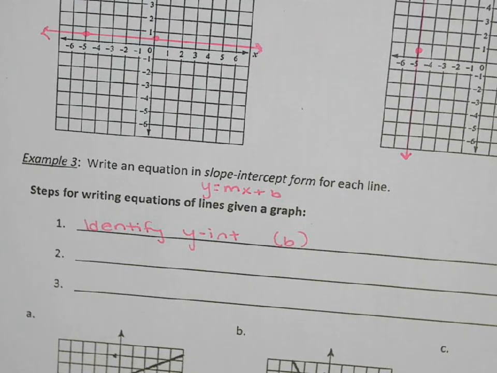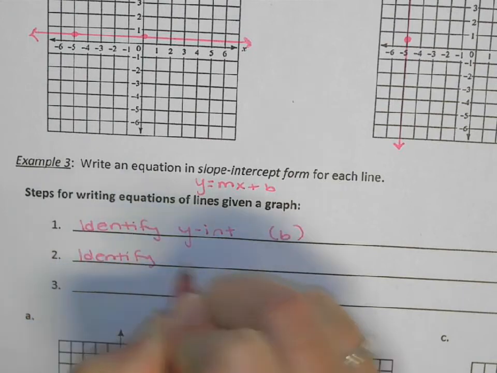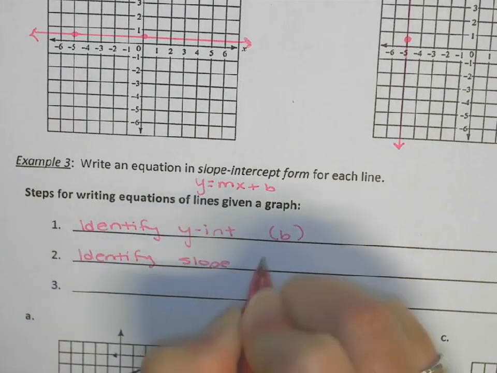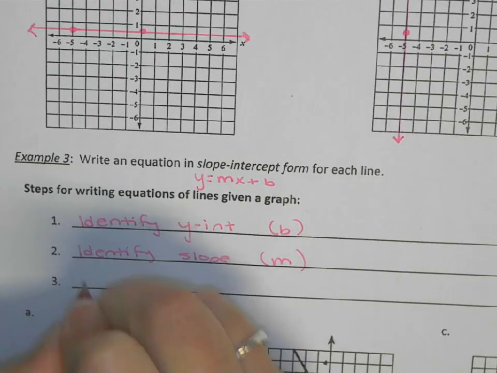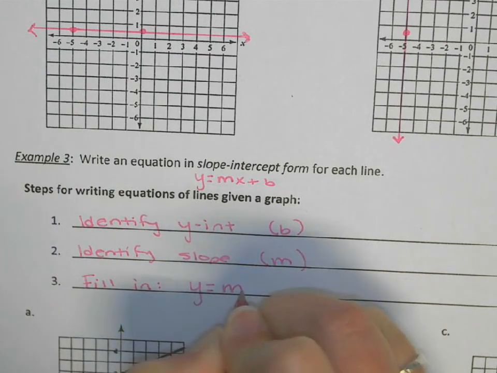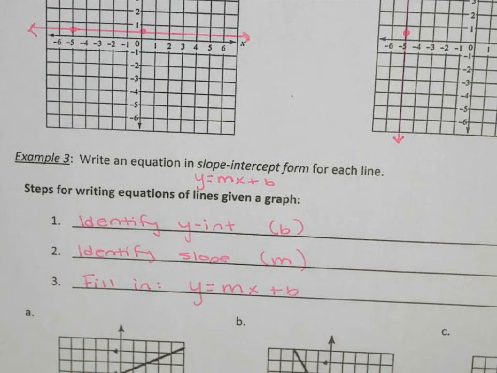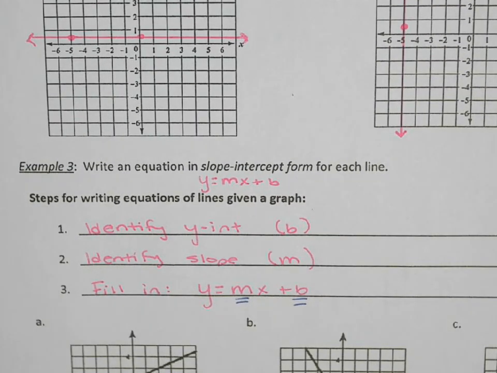Then you're going to identify the slope, which is your m value. And once you have that, you just fill in the m and the b in y equals mx plus b. So you fill in the m, you fill in the b, and you have your equation.